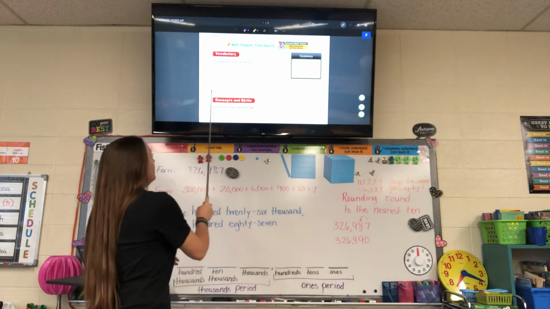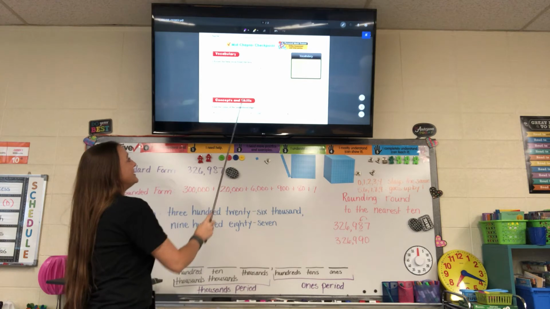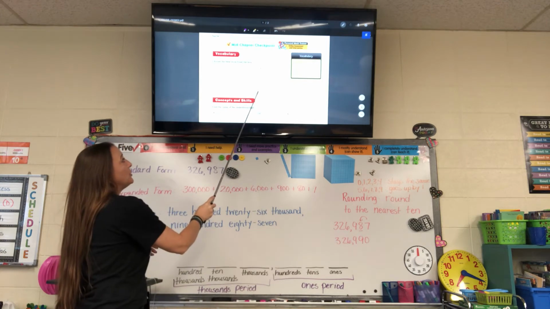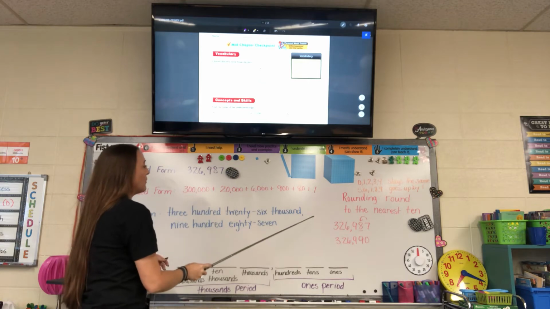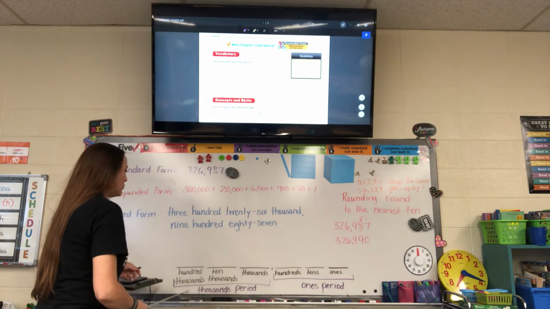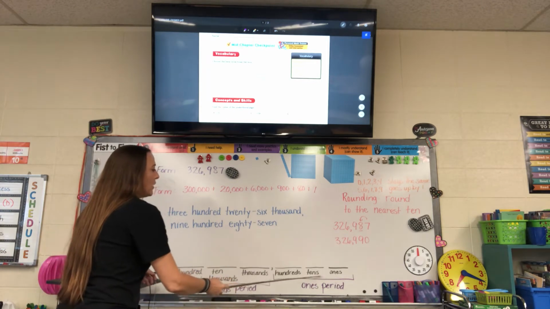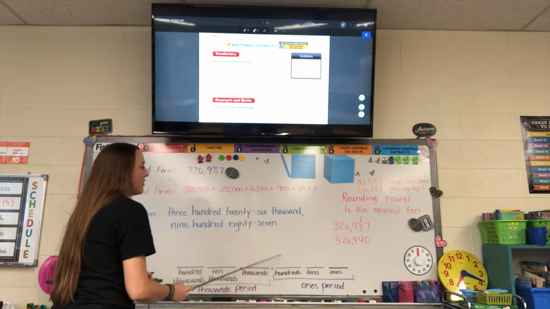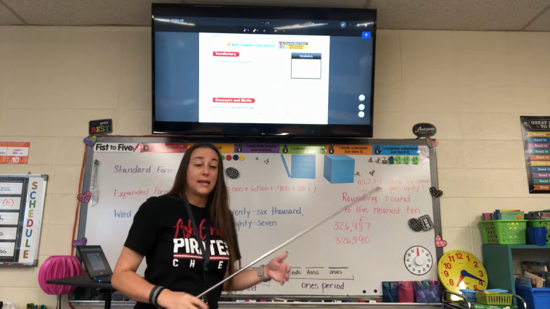Number 3 says in 192,860, the digits 1, 9, and 2 are in the same blank. Okay, so I wanted to show you down here a place value chart that I've made. We start with ones, tens, hundreds. That group of 3 numbers is in the ones period.